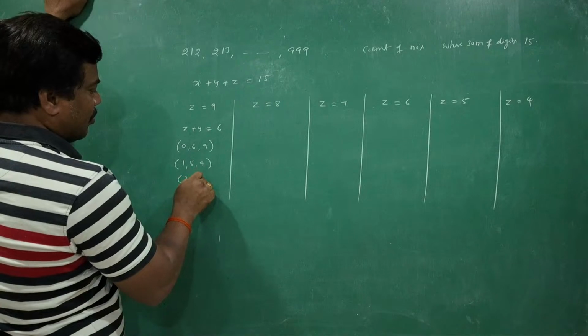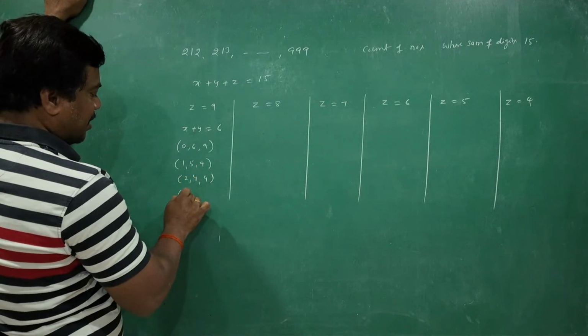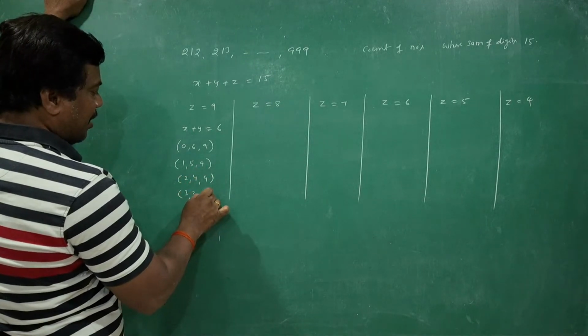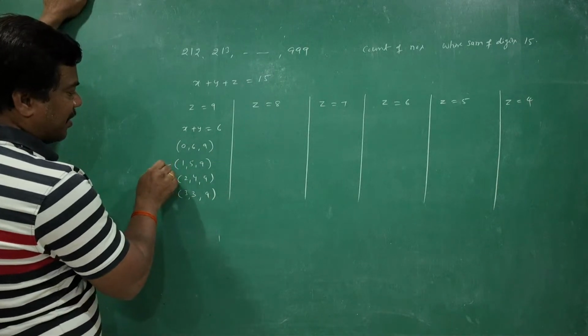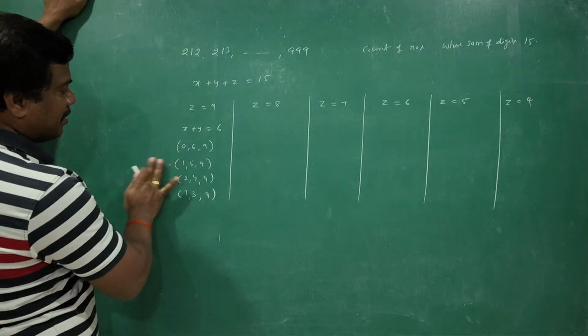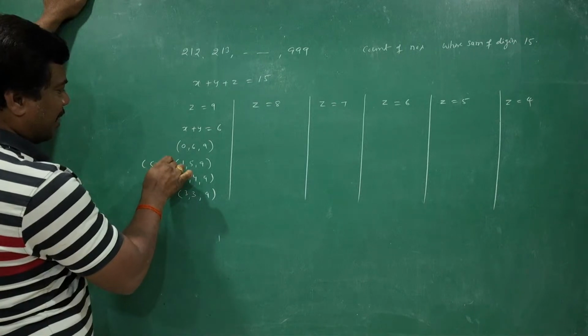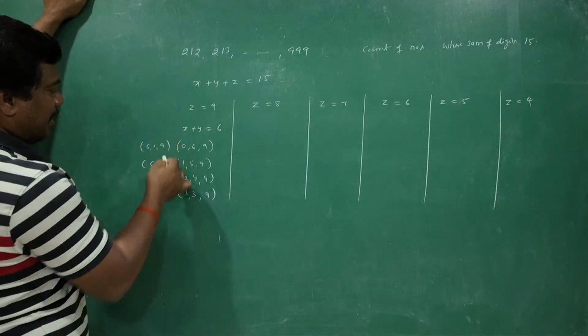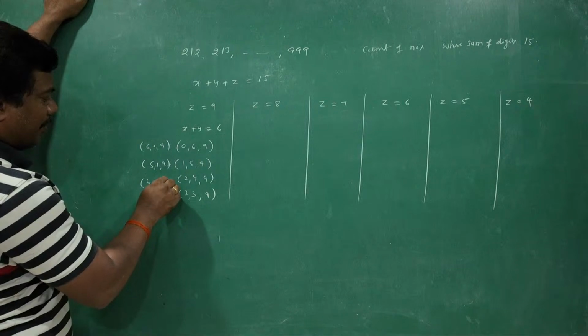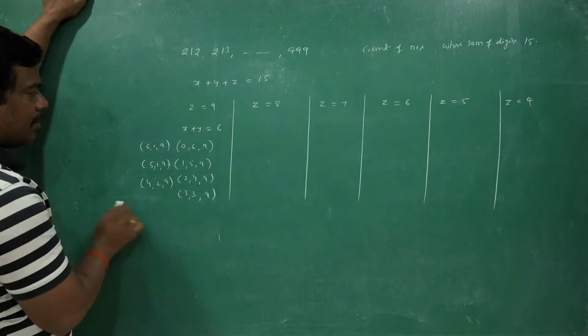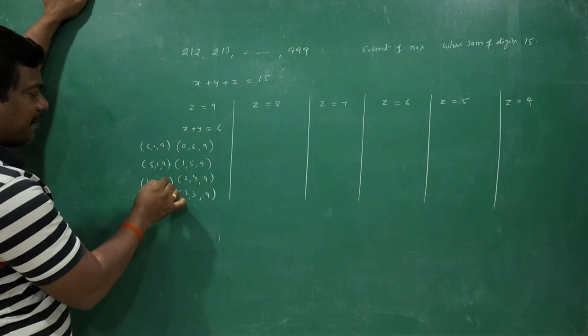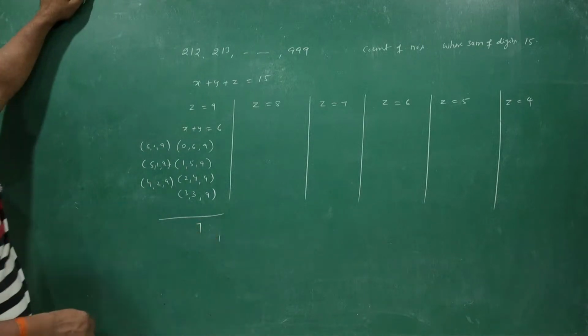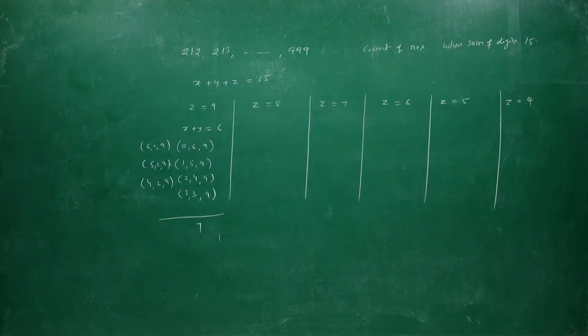Next 2, 4, 9, next 3, 3, 9, and the reverse of this, that is 5, 1, 9, 6, 0, 9, 4, 2, 9. That's 1, 2, 3, 4, 5, 6, 7. I got 7 results in the first case by writing z equal to 9. Okay.